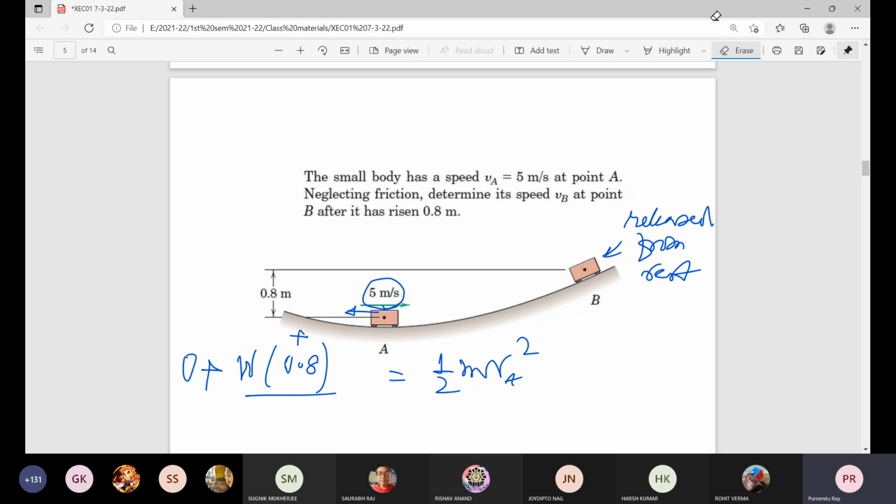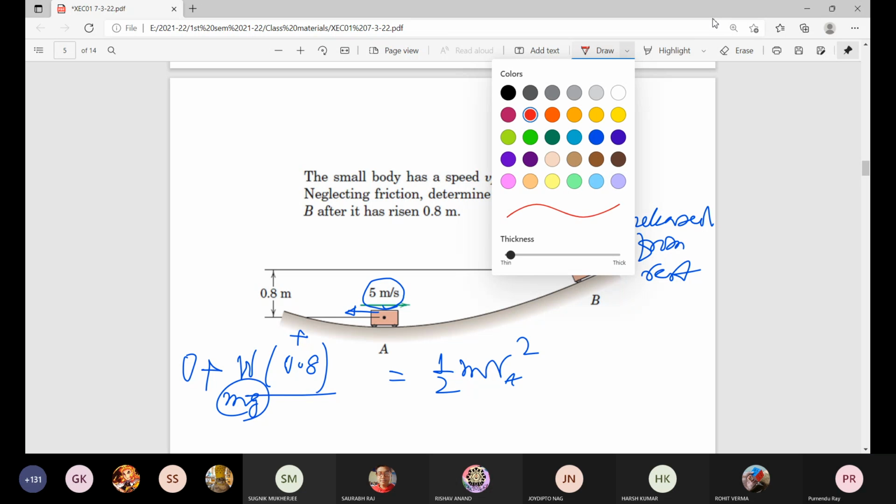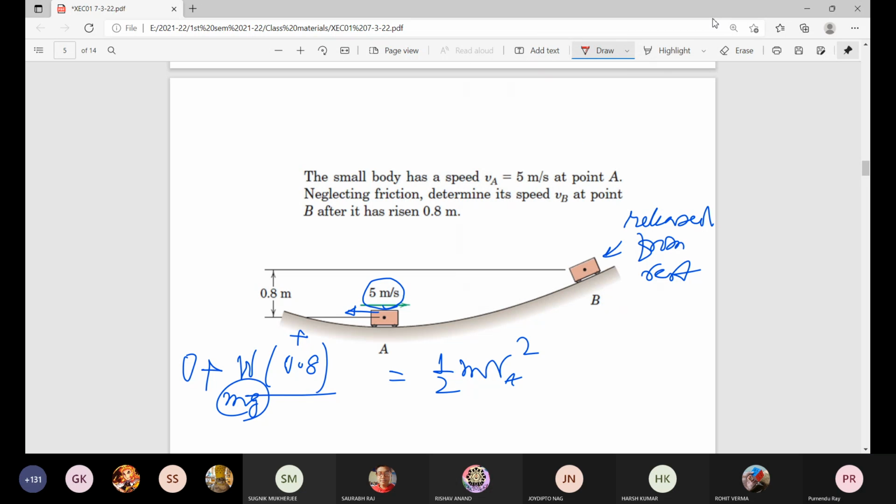It is the final kinetic energy. Whichever way you feel comfortable, W, that is mg, gets cancelled. But during examination, you should not cancel this term directly.